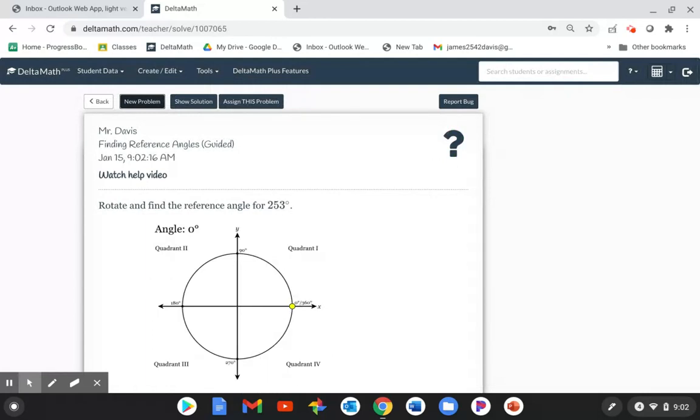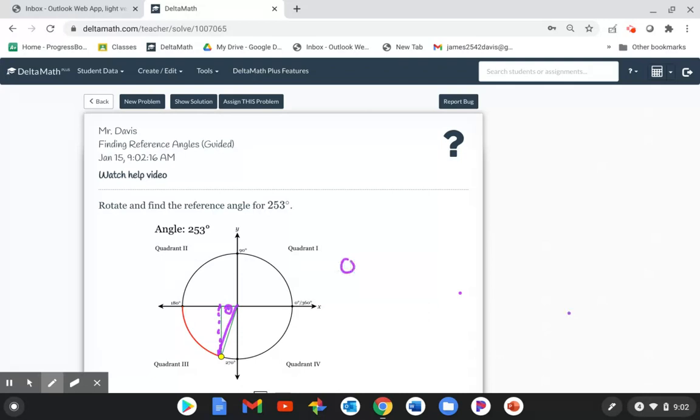Okay, next one, let's see what quadrant it's in. So we know 270 is down here at the bottom. It's going to be before that, but past 180. Somewhere down here, 253. All right, so the reference angle in this one is the angle formed, if we were to just drop this straight to the axis, by these two right here.